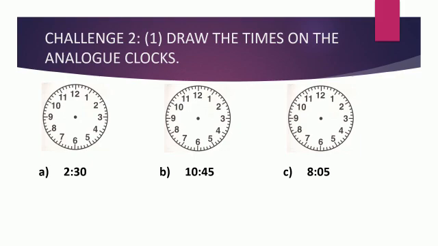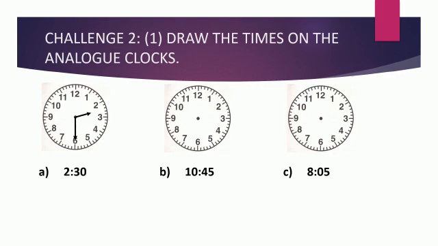It means that you will draw small hand on 2 and long hand on 6. Okay, it means that 2:30. As half hour has passed, small hand will move away from 2. You can see it's 2:30.